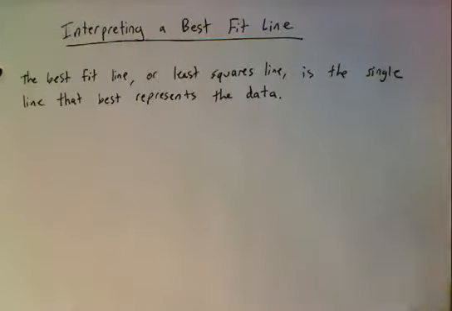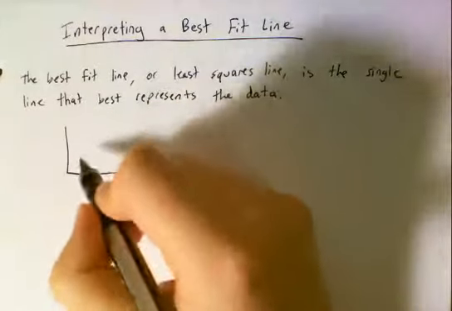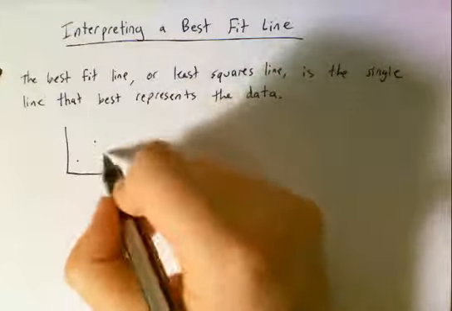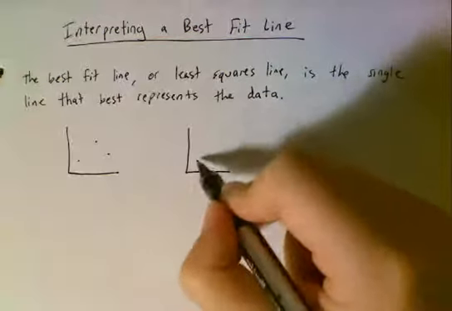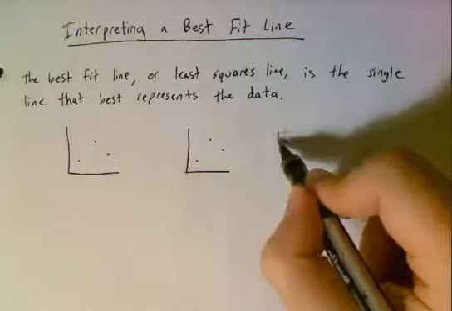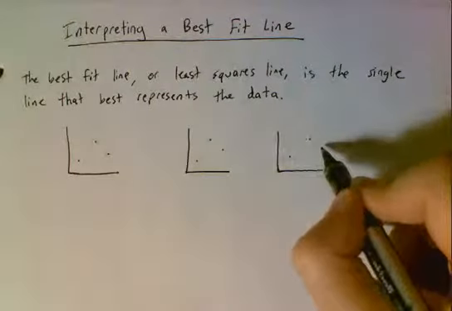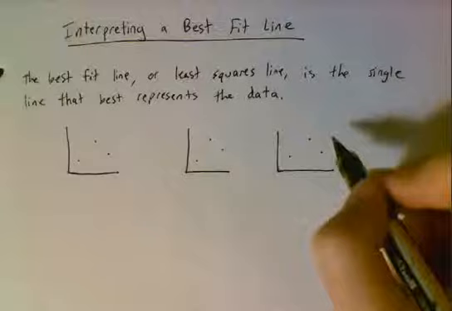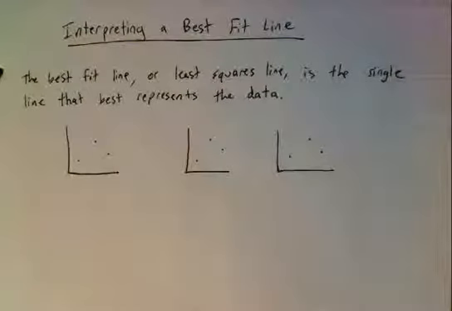And so let's imagine that we had a set of points. I'm just going to draw the same 3 points for each one. Well, more or less. And so let's just imagine drawing 3 different lines.